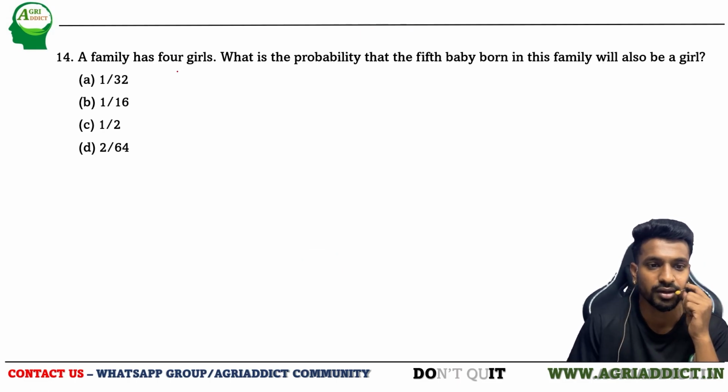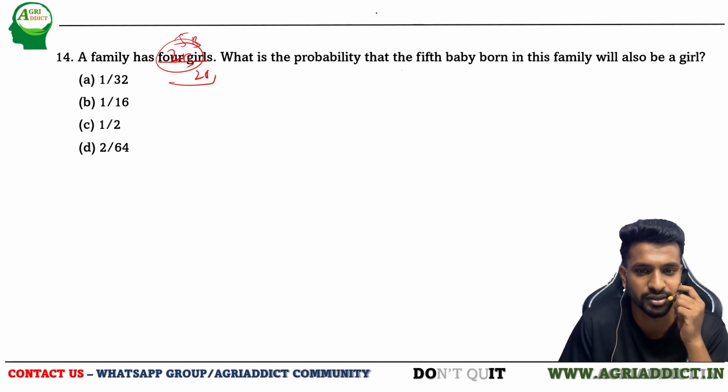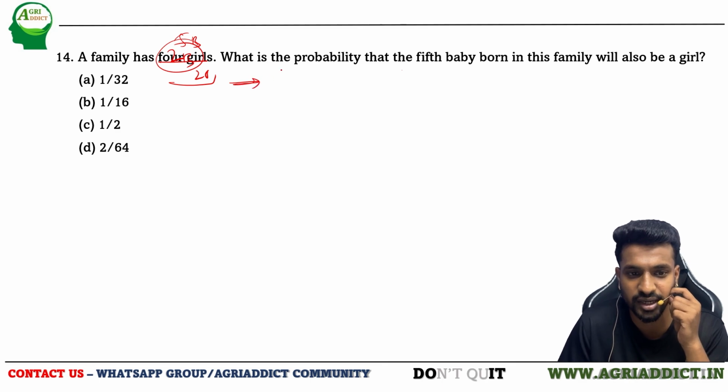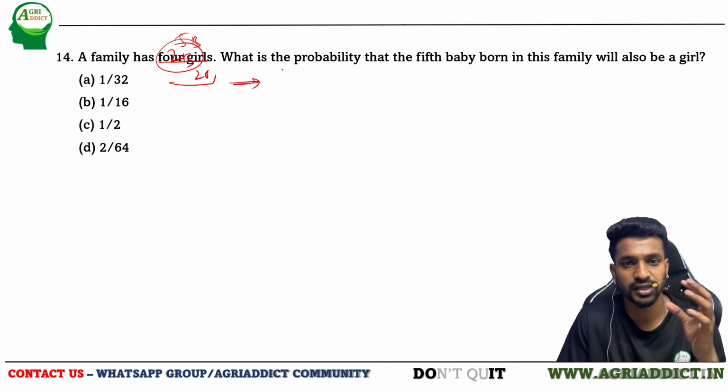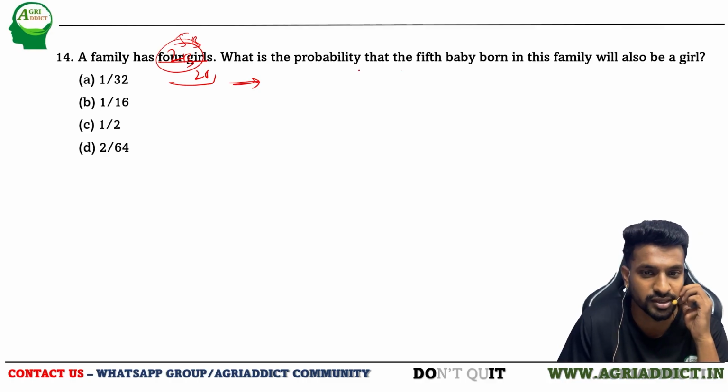Next one. This is a simple question which they are asking. A family has 4 girls. So what is the probability that the 5th baby born in this family will also be a girl? So this is just to trick you. Even if it has 4 girls, 5 girls, 4 boys, 2 boys and 2 girls, or whatever the combination might be, if these are independent events, that means the second event is not influenced by the first event, then the probability always remains the same.